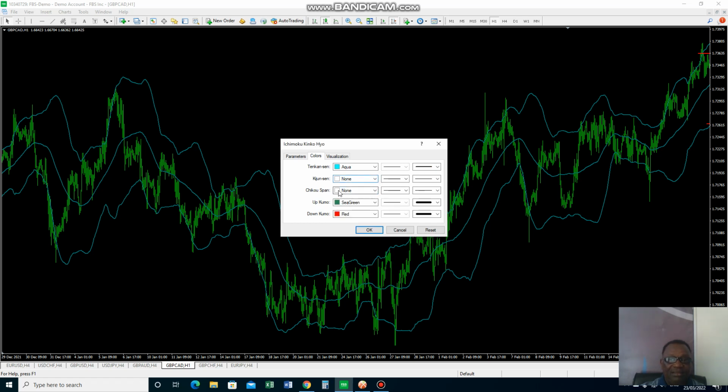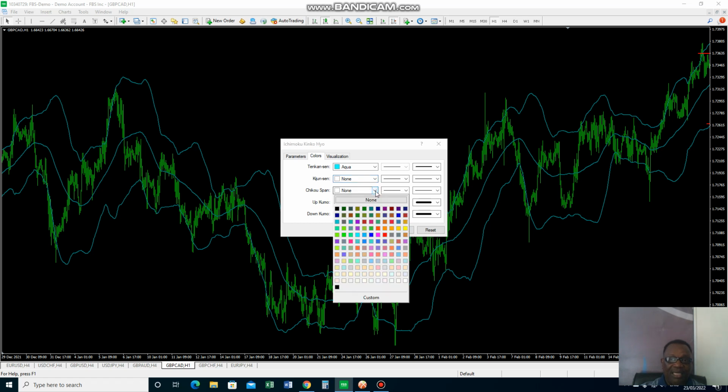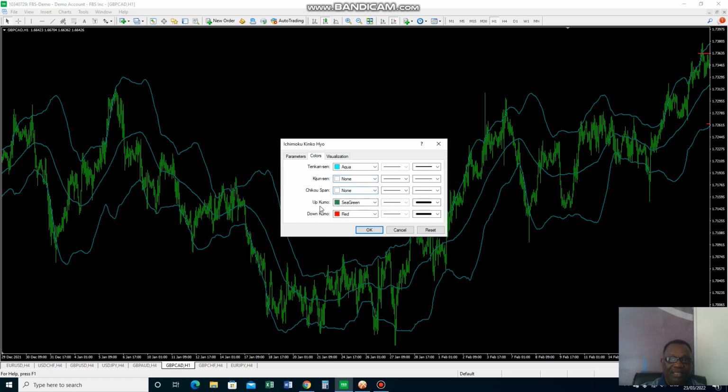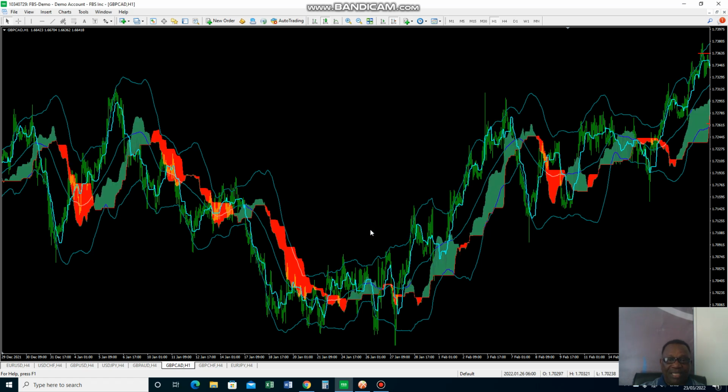I don't need any color for Chikou Span, and that is why I put none on Chikou Span. So I need color for Up Kumo, and I need color for Down Kumo.